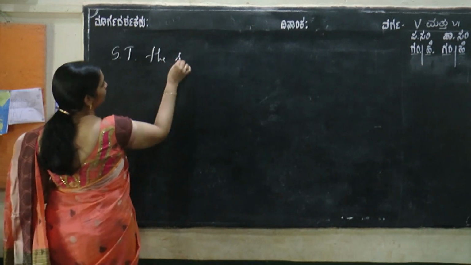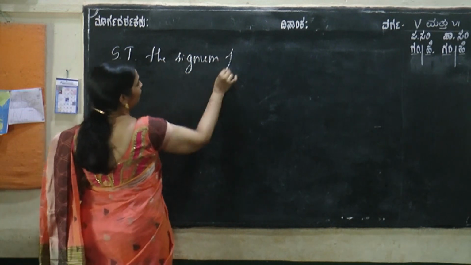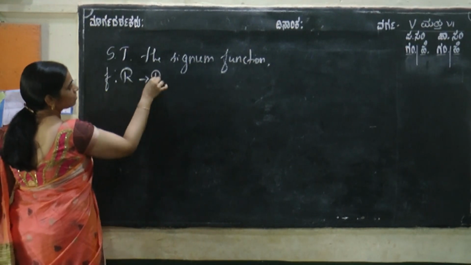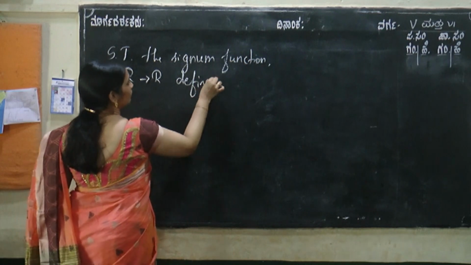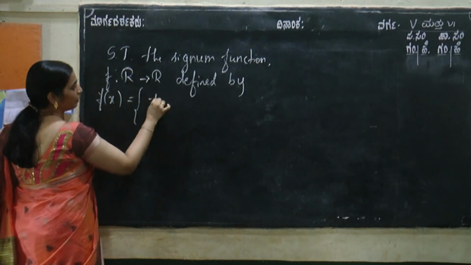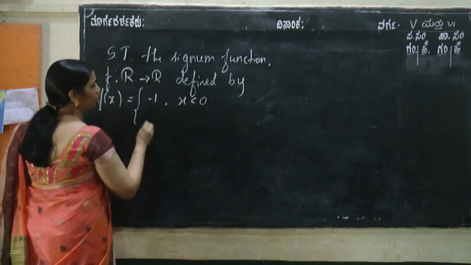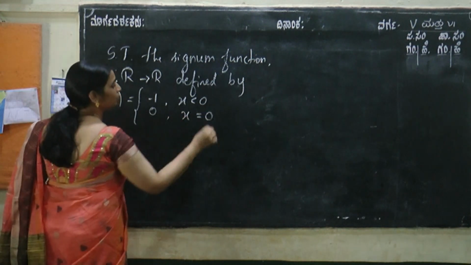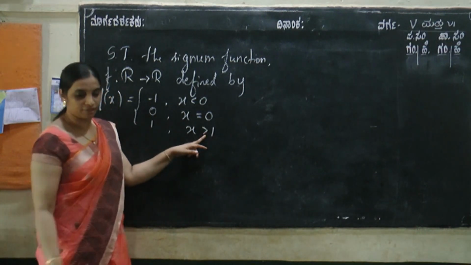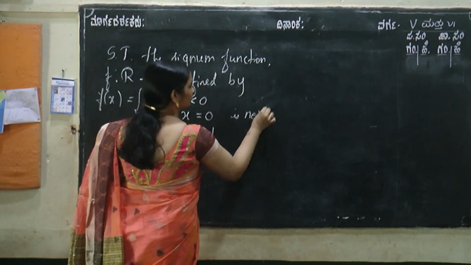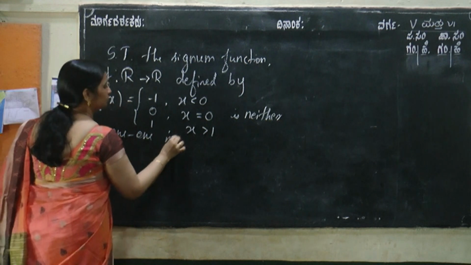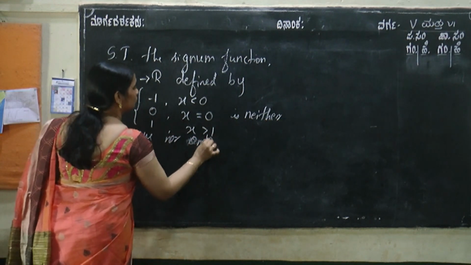Show that the signum function f from the set of reals to reals, defined by f of x is equal to minus 1 if x is less than 0, equal to 0 if x is equal to 0, and equal to 1 if x is greater than 0, is neither one-one nor onto.